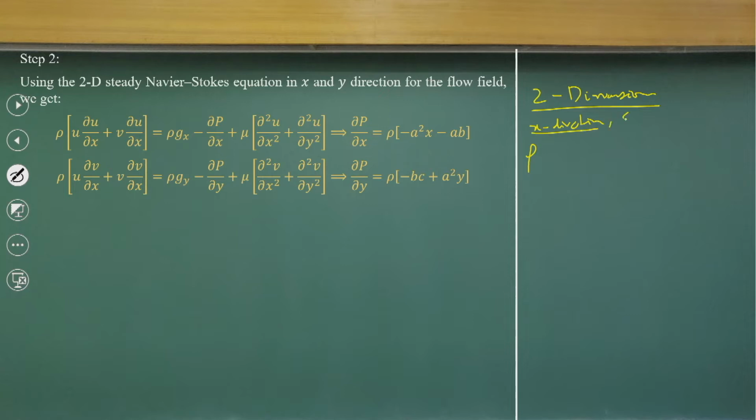We remember it is steady, so we do not have a local acceleration component. And it is two dimensional, so the z component is not there, that means w is 0. So anything by del z or del square by del z square is all 0.